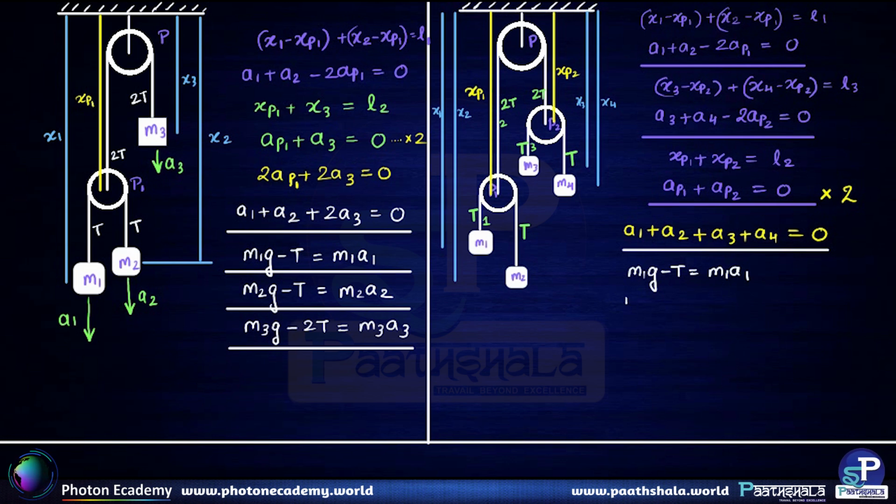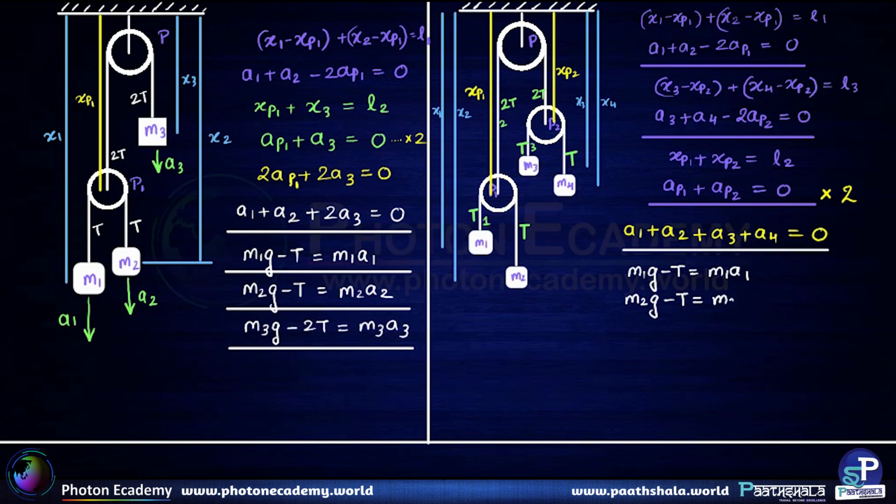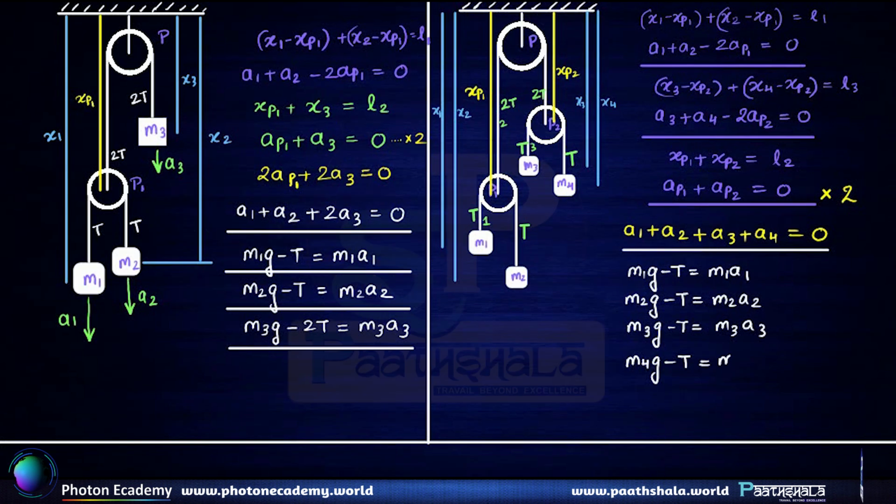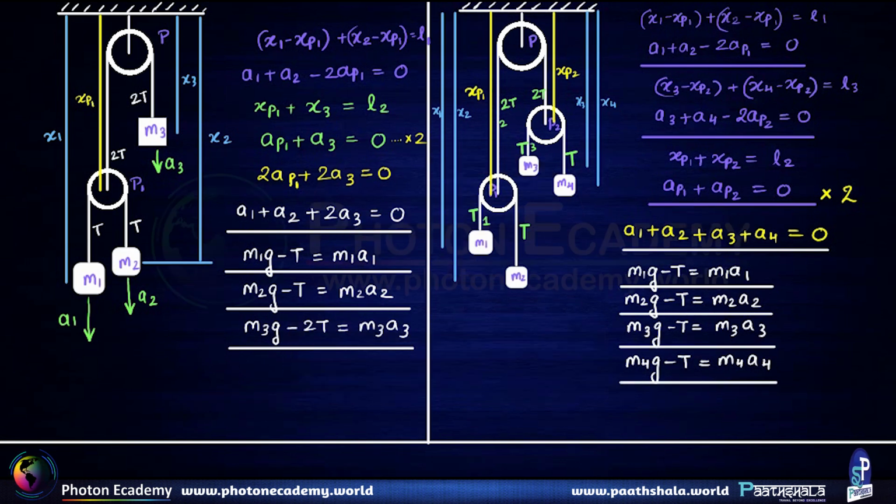For the mass m2 we can write m2g minus T is equal to m2 a2. For m3 we can write m3g minus T is equal to m3 a3, and for m4 we can write m4g minus T is equal to m4 a4. So these four equations along with the constraint motion equation will solve the system and get us the exact answer for a1, a2, a3, a4 and T.